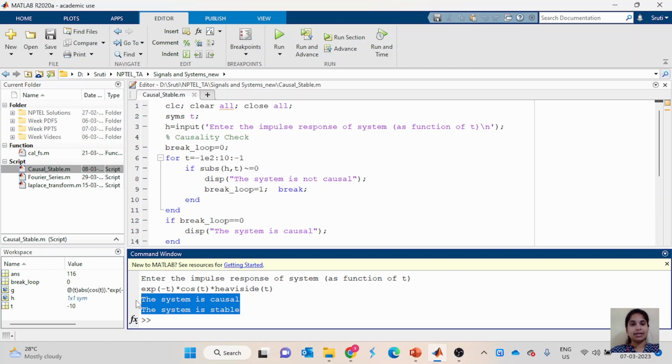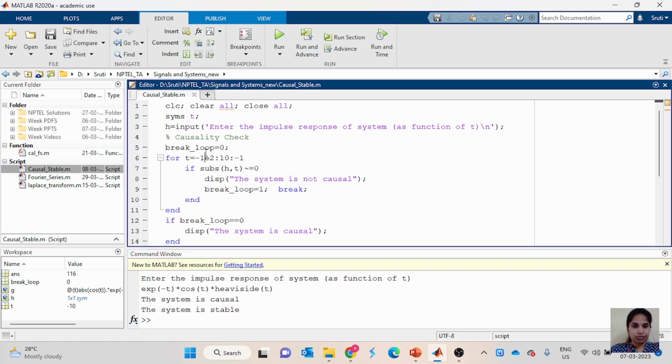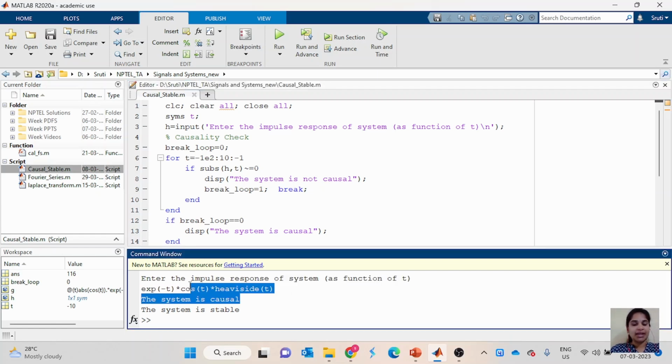Like this, for the past few sessions, I have been showing you different operations we can do in MATLAB. This is one example showing that we can also test the causality and stability of systems. If you write the conditions to check, for any impulse response we can see whether the system is causal and stable.